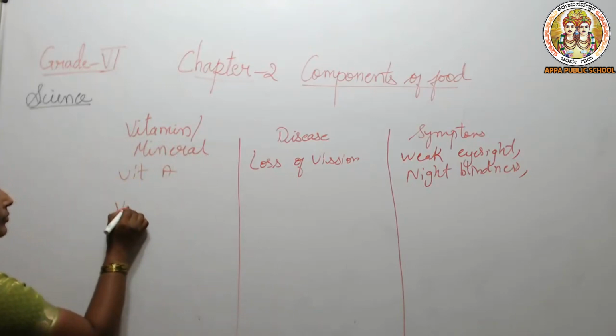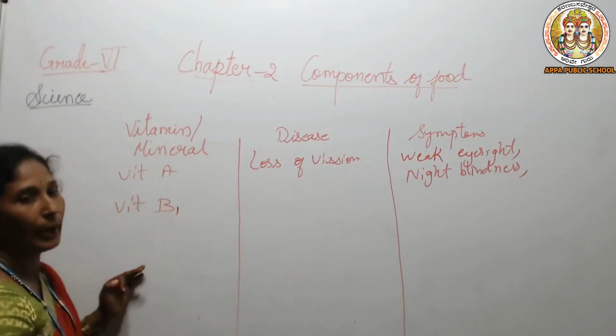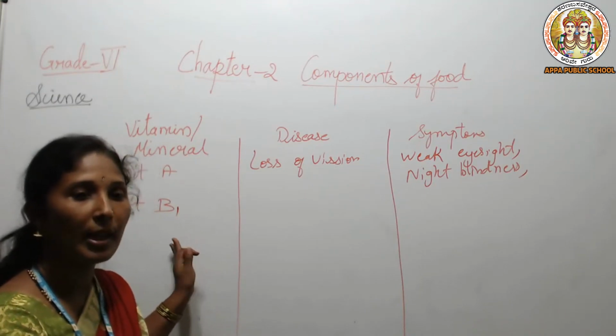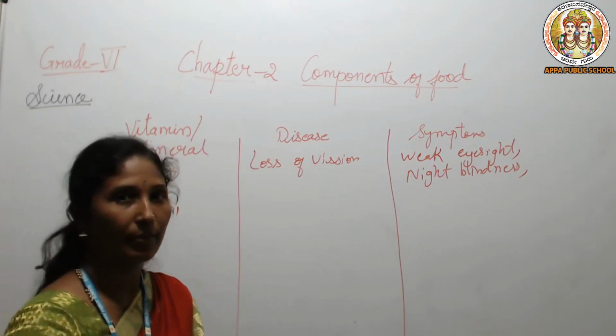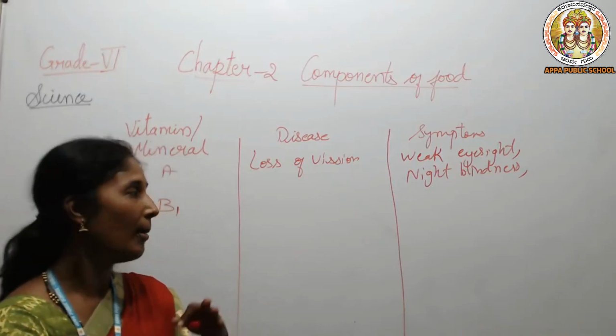Next, vitamin B, that is B1. I told you that there are different types of vitamins in B: B1, B2, B12, B6, B3, many are there.